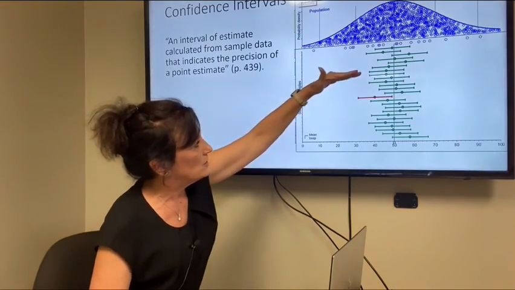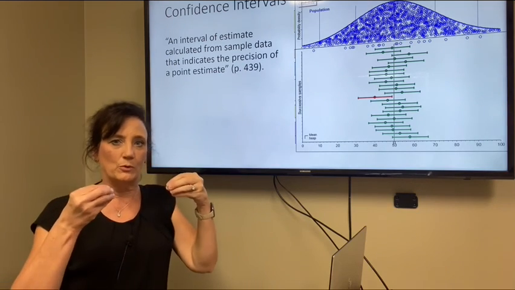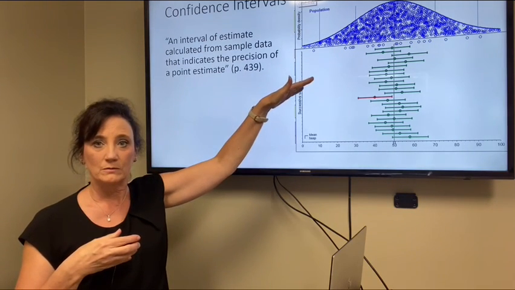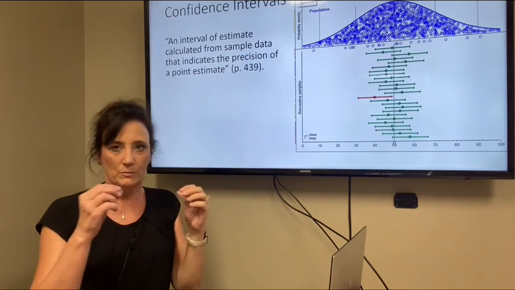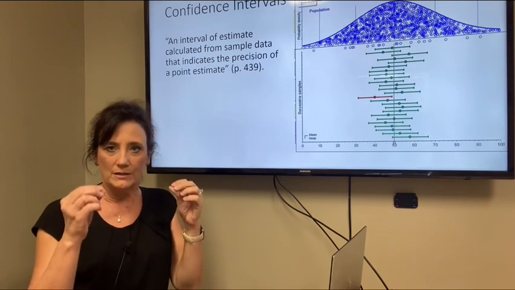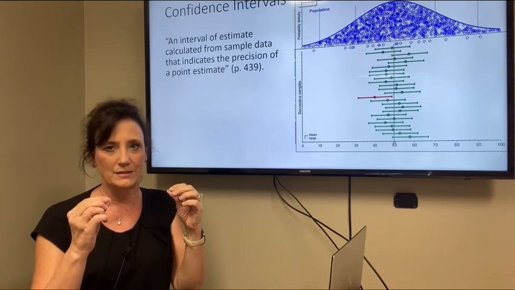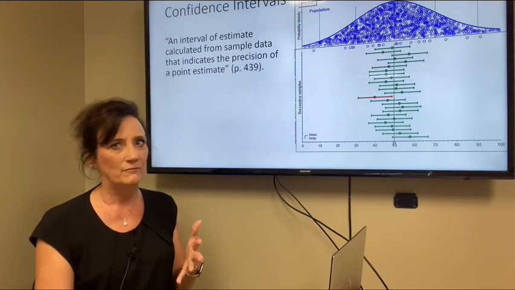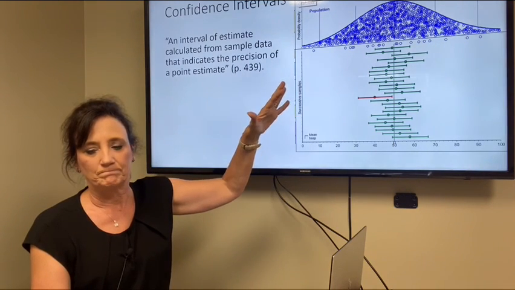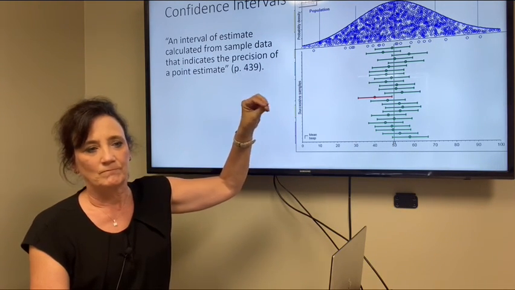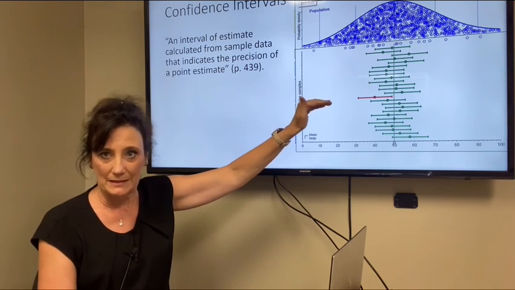As you go down, each one of these lines represents a sample of people that you've pulled from the population. Now look at the bar. The bar indicates the confidence interval of that point estimate. And so how confident are we that this estimate falls within the range of the true population mean?